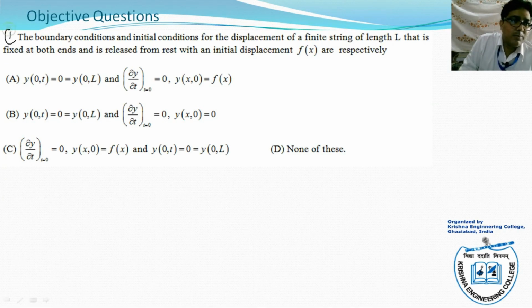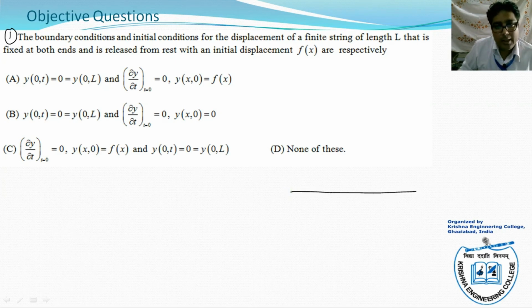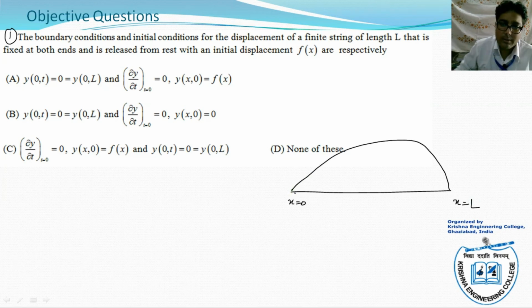This is the objective problem. The displacement of a finite string of length L is fixed at both ends and is released from rest, then the initial displacement is given by the boundary condition. The length of the string is L. This is x is equal to 0, this is x is equal to L, this is the string released, initial displacement in this problem is f(x). Clear?